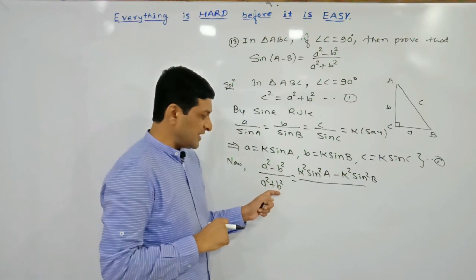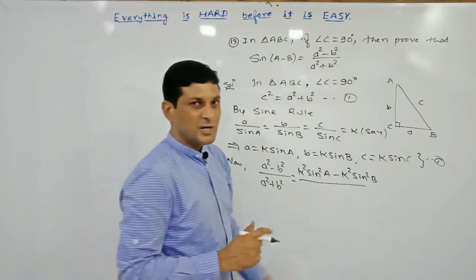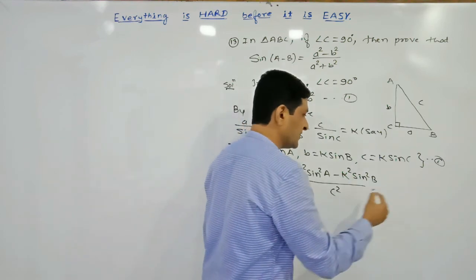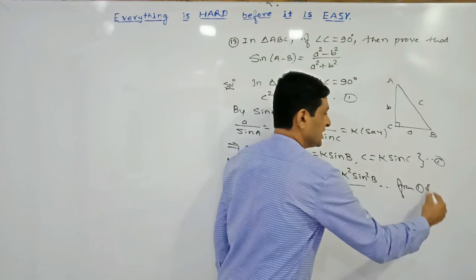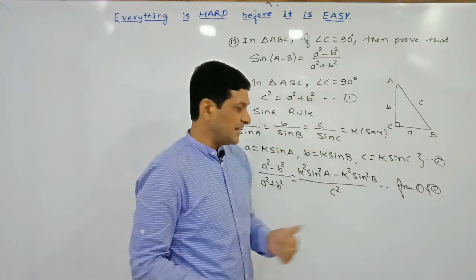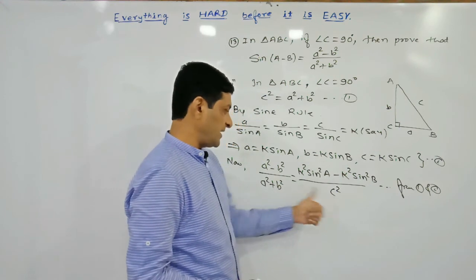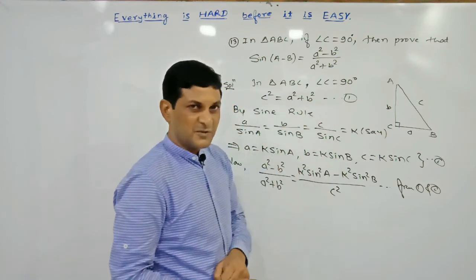What is the denominator? a square plus b square. But a square plus b square can be replaced by c square from equation number 1. So we are substituting the values from equations 1 and 2.